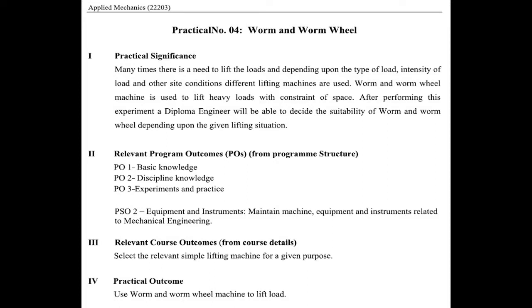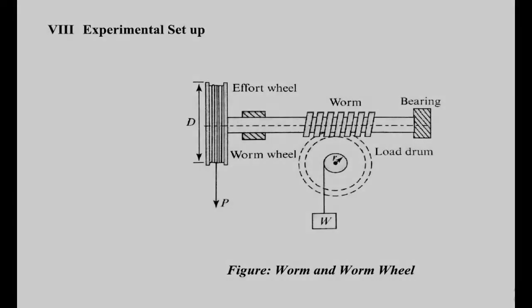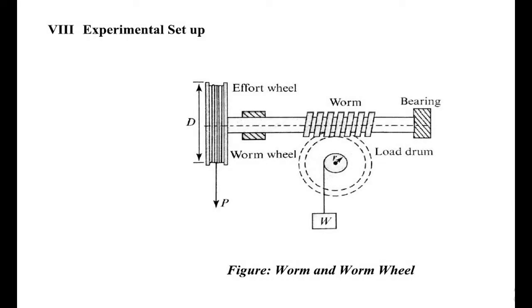So, first of all we are going to discuss the experimental setup for this practical. So here we can see the experimental setup of the worm and worm wheel machine.